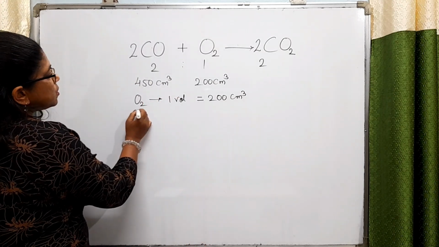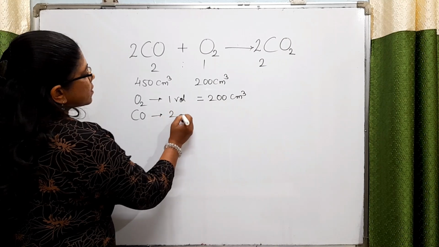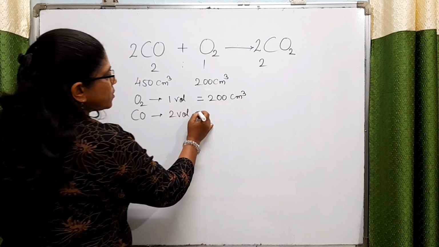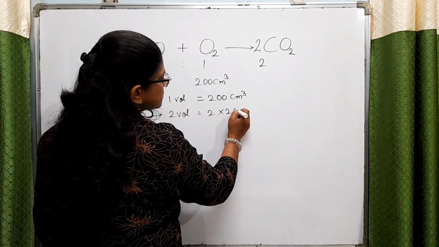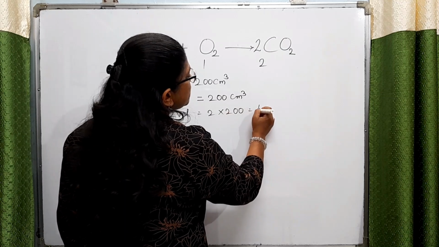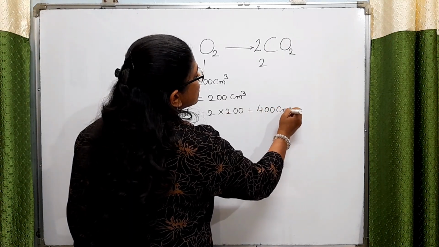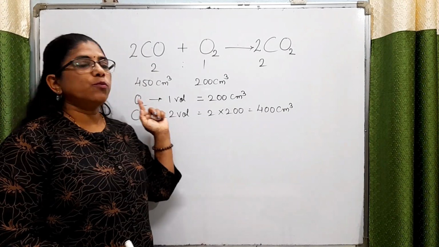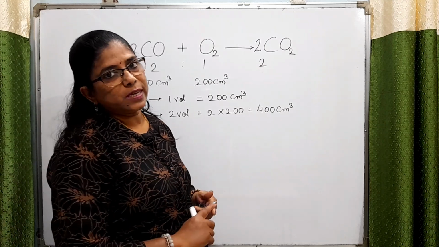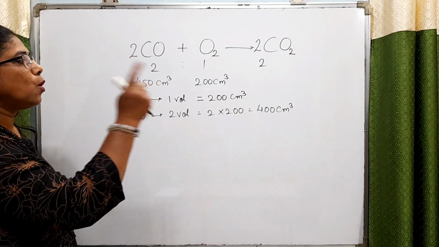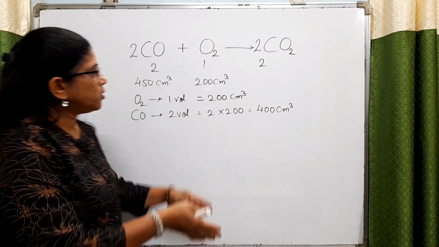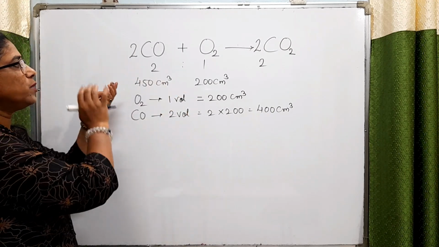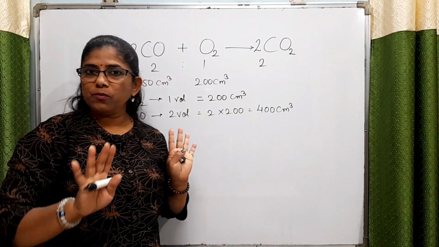Carbon monoxide is 2 volumes, so if 1 volume corresponds to 200, 2 volumes is equal to 2 into 200, that is 400 centimeter cube. So though we have 450 centimeter cube of carbon monoxide, according to Gay-Lussac's law, this reaction is going to use only 400 centimeter cube, because oxygen available with us is only 200 centimeter cube. So this is going to react only with the 400 centimeter cube of carbon monoxide.